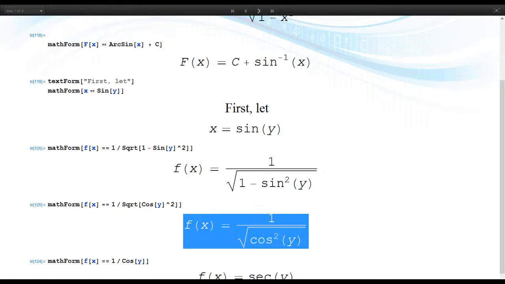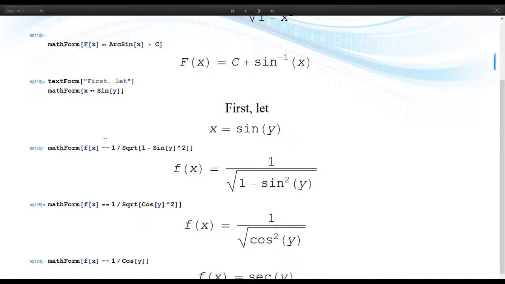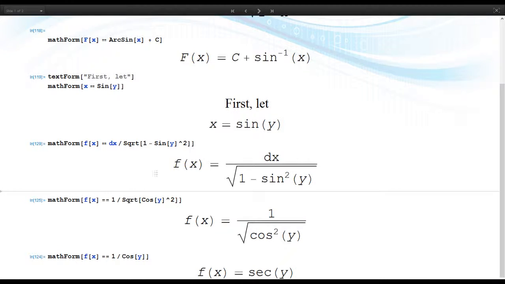So this is dx. We're taking the antiderivative with respect to x, but when we're converting into these y's, we have to convert everything into y's, all the way down, including dx.